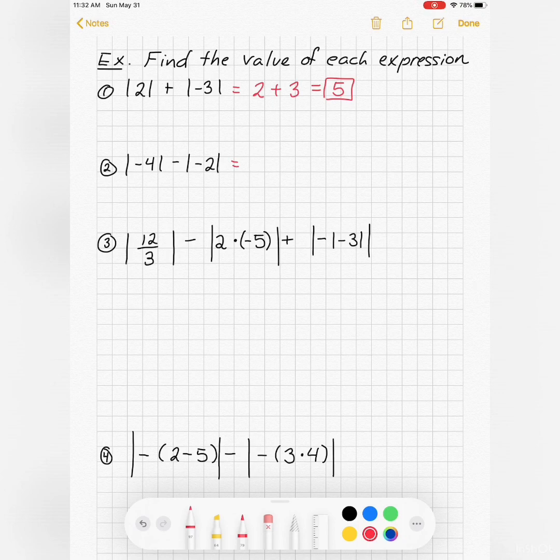Okay, what's the absolute value of negative 4? 4, right? What's the absolute value of negative 2? 2. 4 minus 2 is 2.